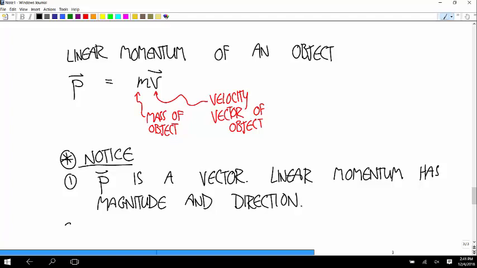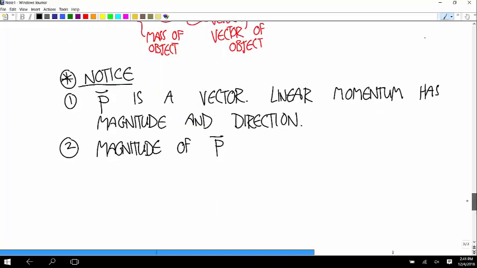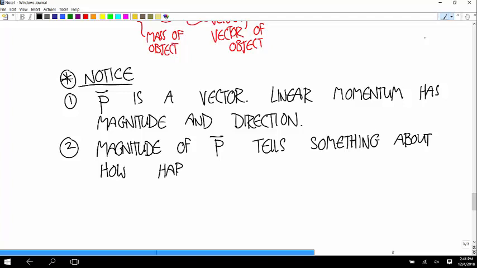And the second thing to notice about it is that the magnitude of the linear momentum tells you something about how hard it would be to stop an object. So it tells something about how hard the object would be to stop.